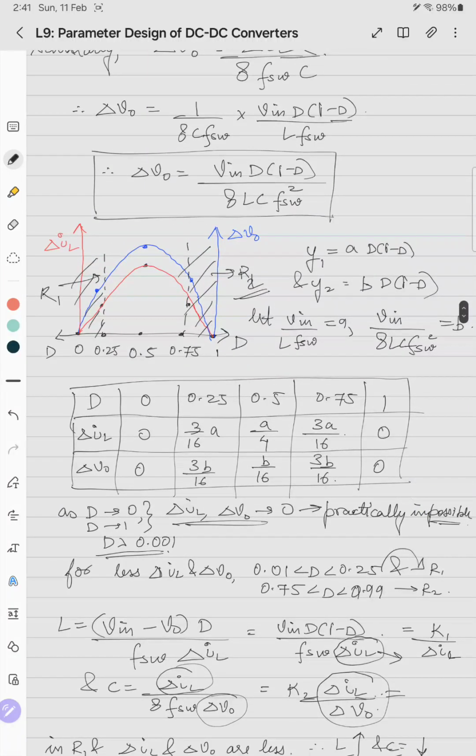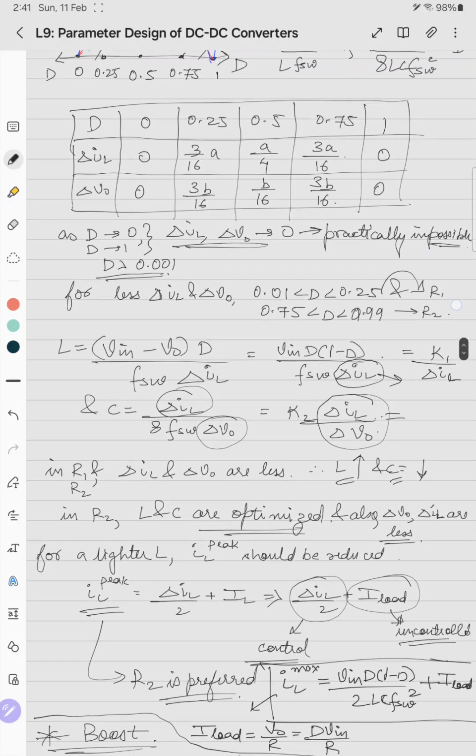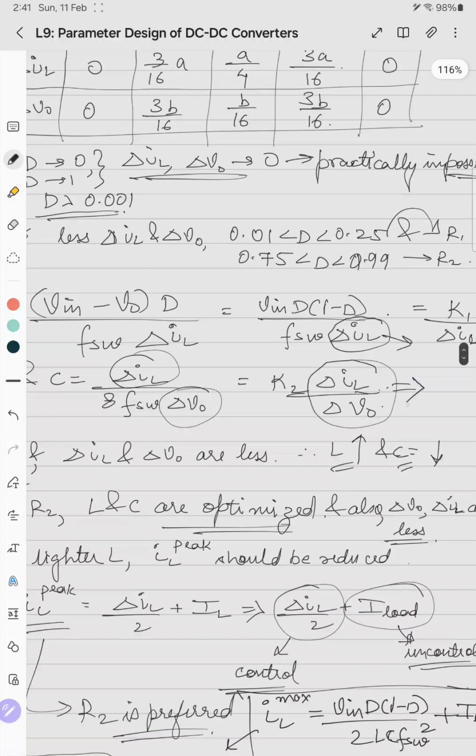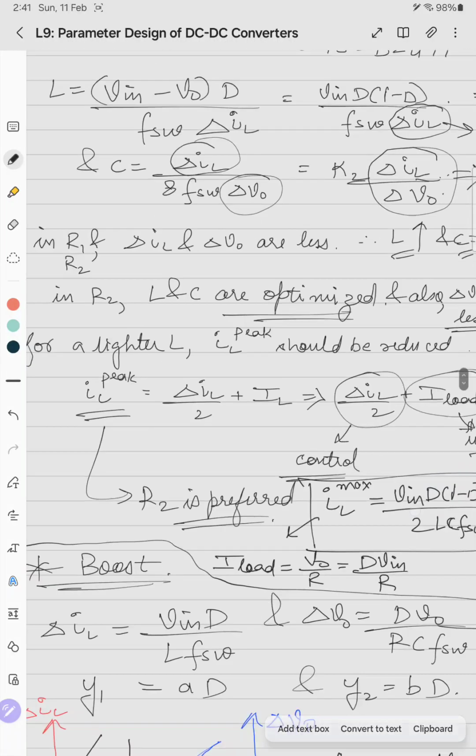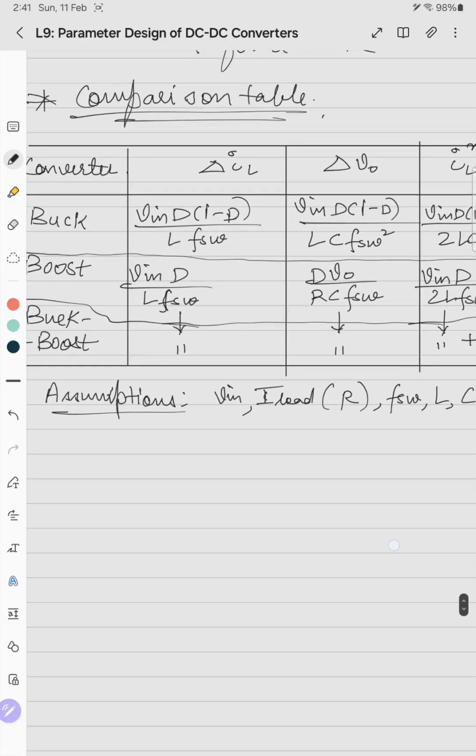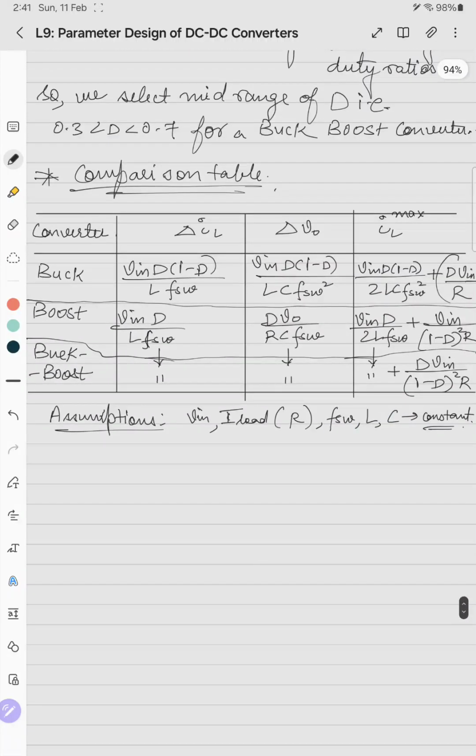That's why we have preferred the R2 region, because for the capacitance we also have to minimize delta IL by delta V naught, since capacitance is a function of those terms, which we have also mentioned here. So this is for tuning the L and C. We saw in what regions the converter will operate.